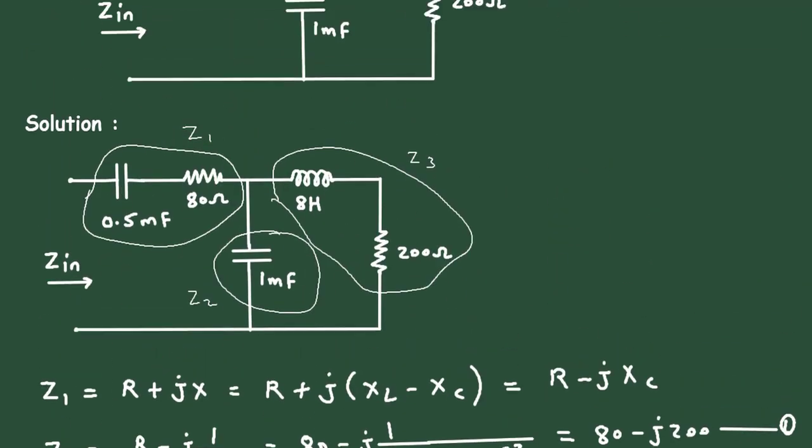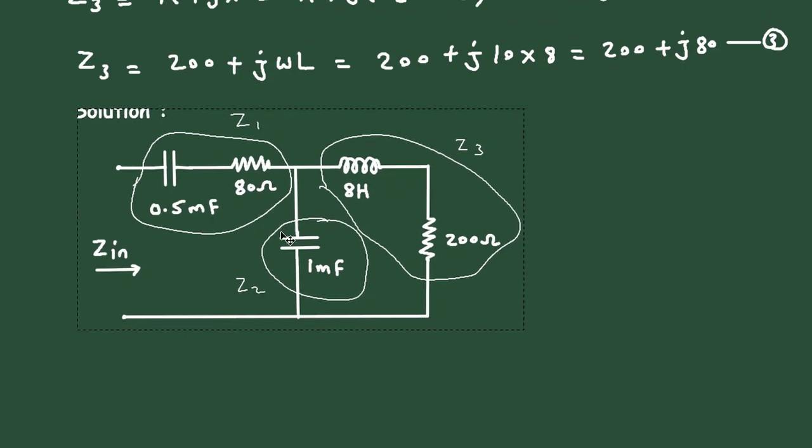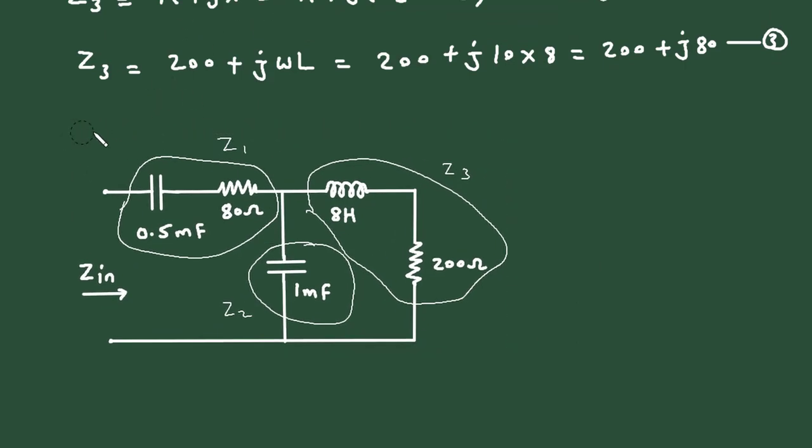Now here we can see Zin. Z1 is in series, so Z1 plus, Z2 and Z3 are connected in parallel, so this will be Z2 into Z3 divided by Z2 plus Z3. Now let's simplify this and put all the values here.